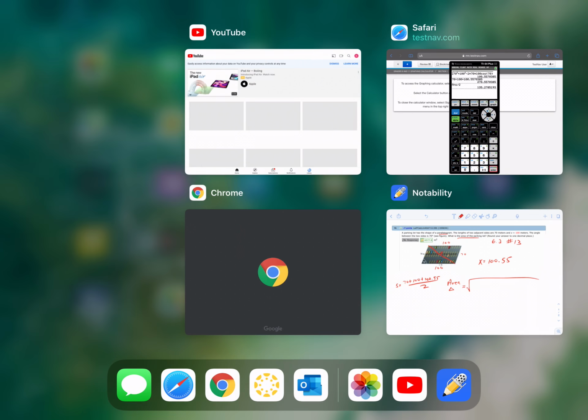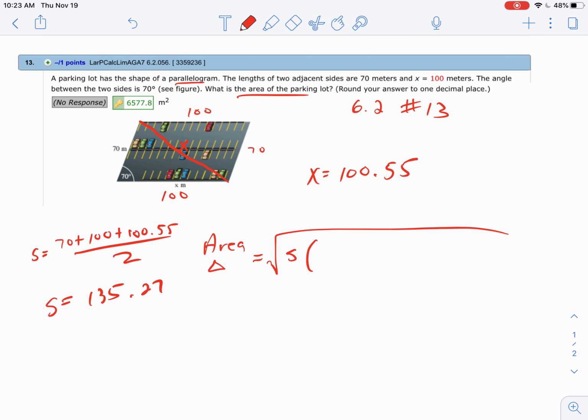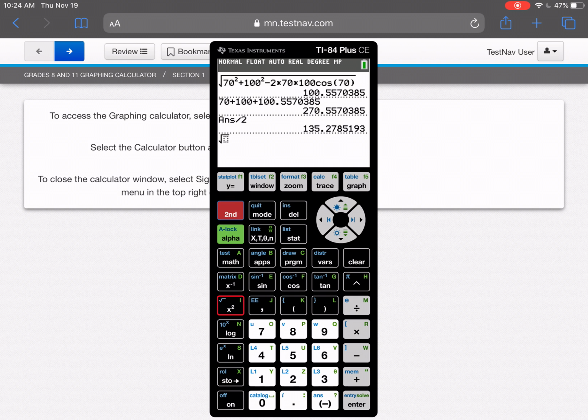But what I'm going to do then is do S, and then I will do S minus each of the sides. I will put second negative when I do my calculator, and I'm going to use the full decimal there. So I do the square root, and I do second negative because that's my S value right there.